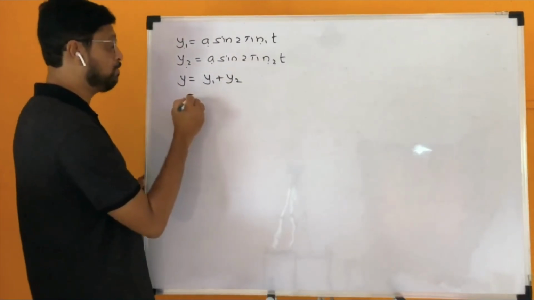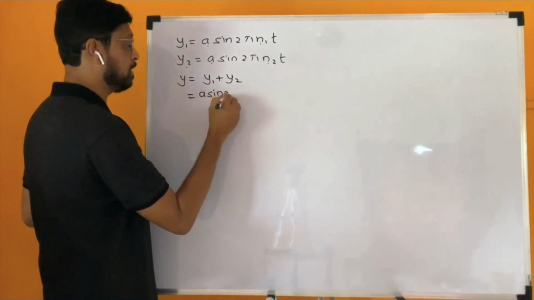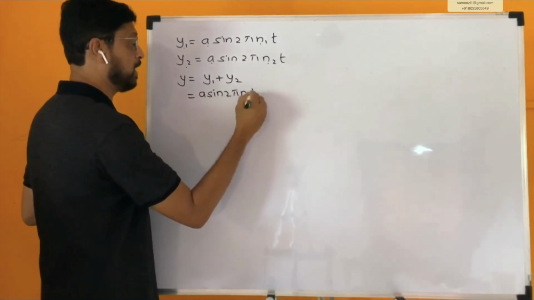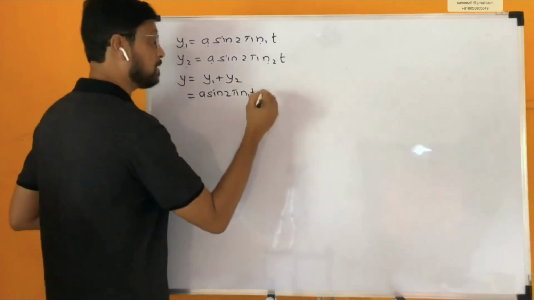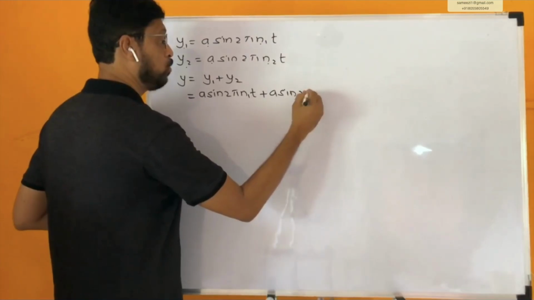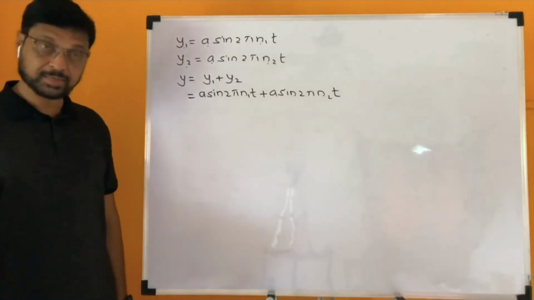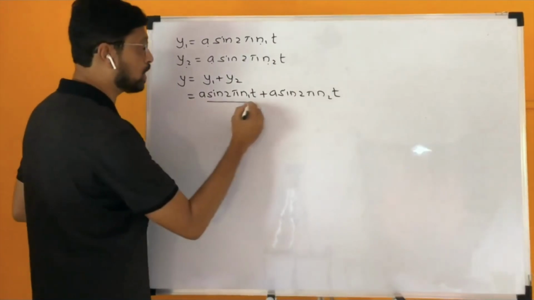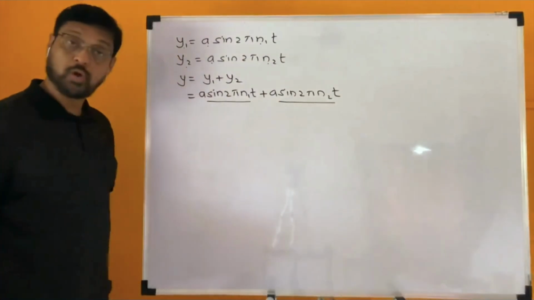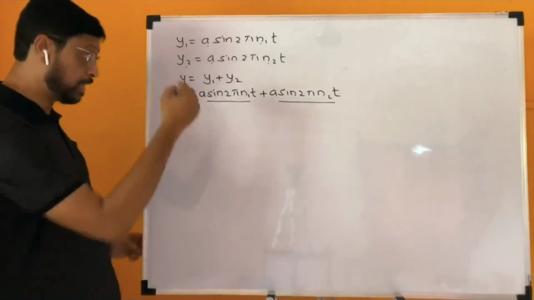So y will be equal to y1, which is a sin 2 pi n1 t, plus y2, which is a sin 2 pi n2 t. Correct? Now, in these two terms, what is common? A is common, so you take it out.